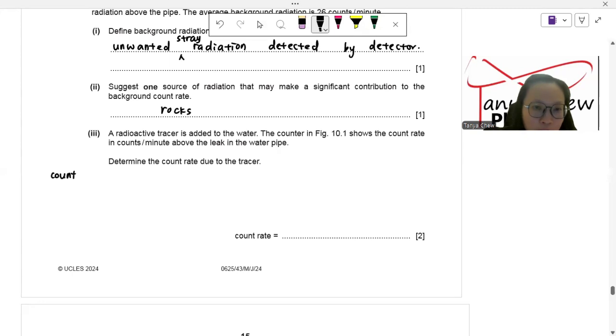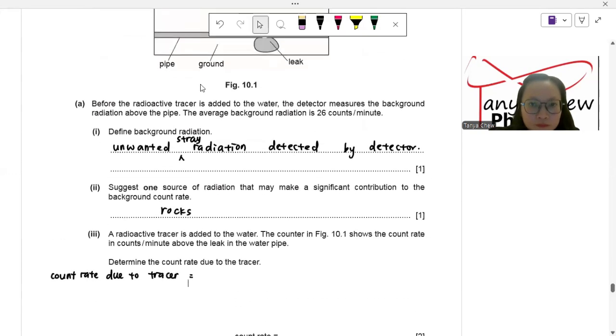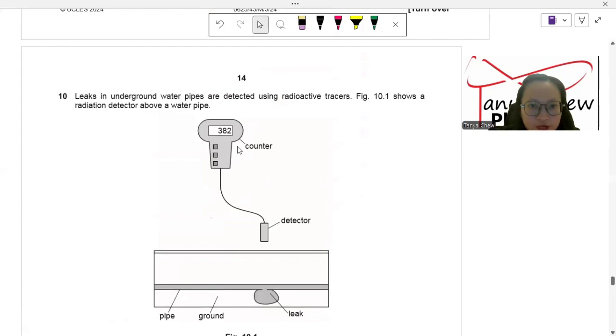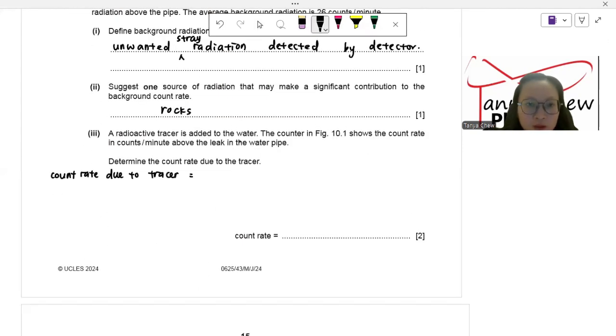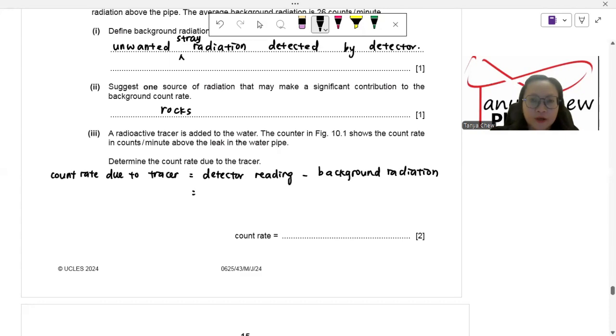The count rate due to the tracer is equal to the detector reading minus the background radiation, because it is quite significant.